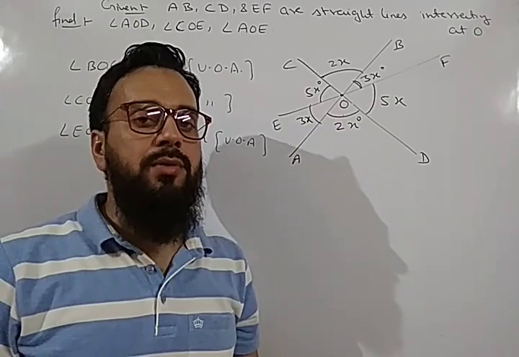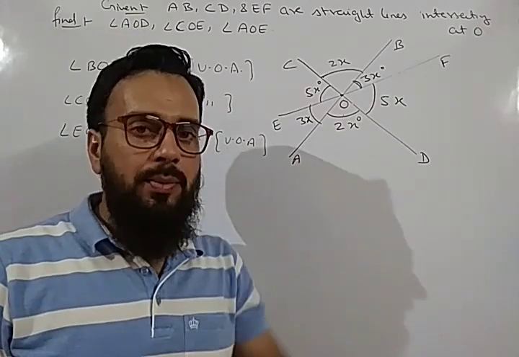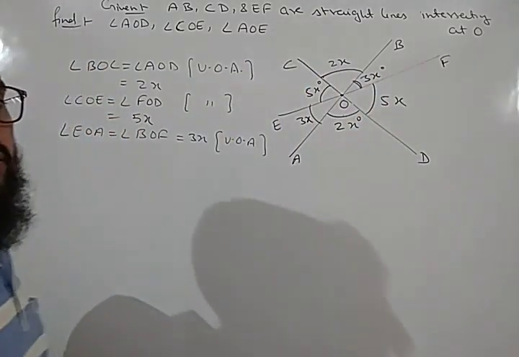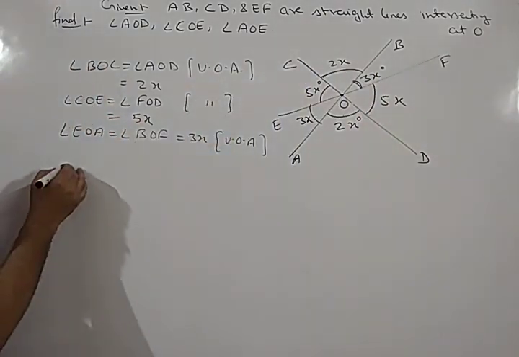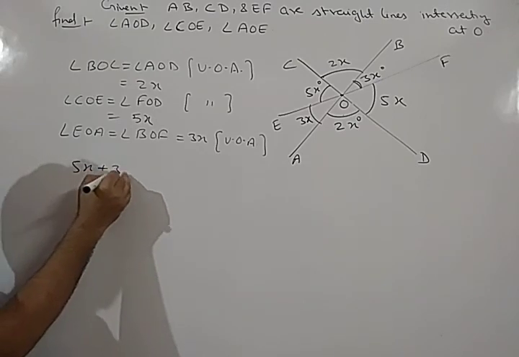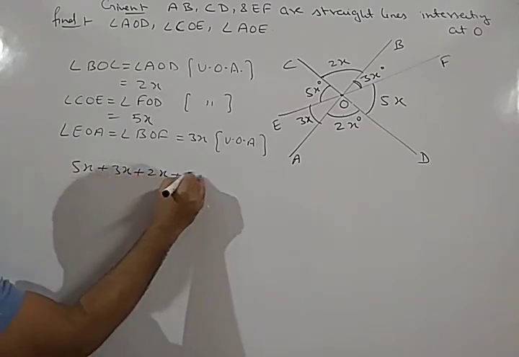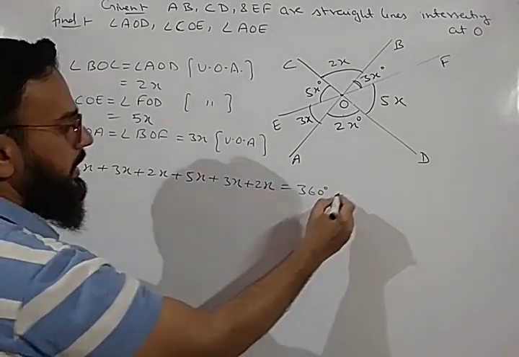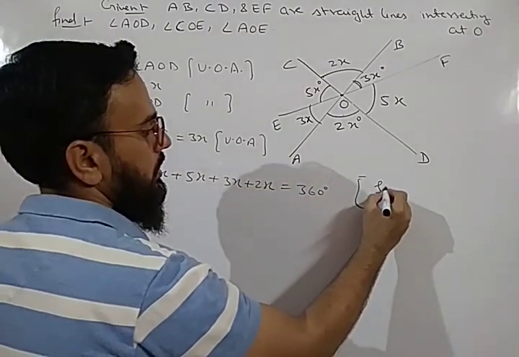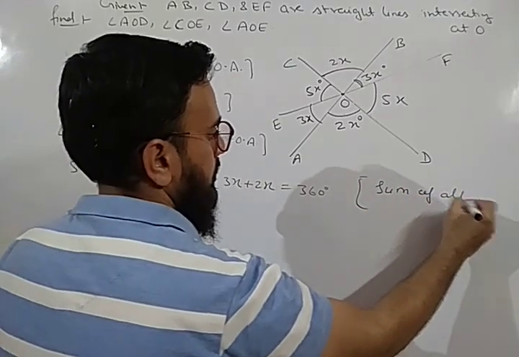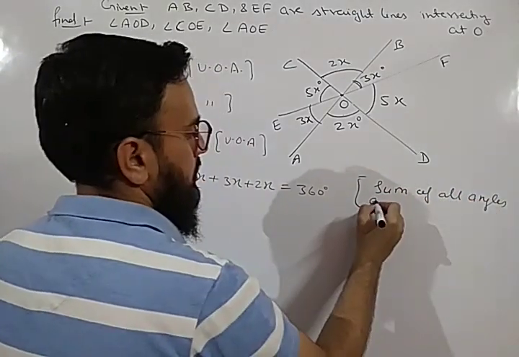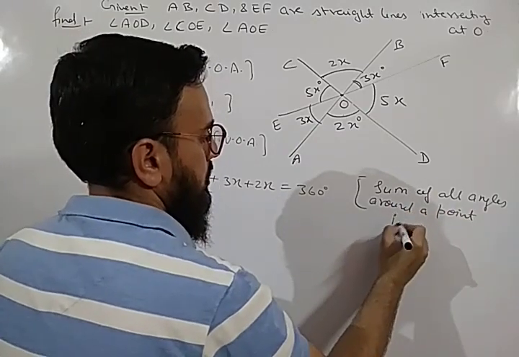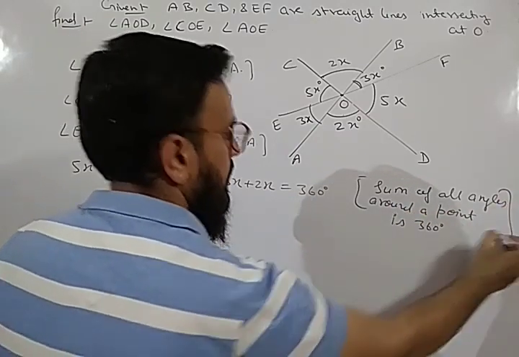Now we have all the angles around this point O, and we have read the second theorem: the sum of all the angles around a point is 360 degrees. It means all these angles will sum up to 360 degrees. So we can write 5x plus 3x plus 2x plus 5x plus 3x plus 2x is equal to 360 degrees, and you will write the statement here: sum of all angles around a point is 360 degrees.